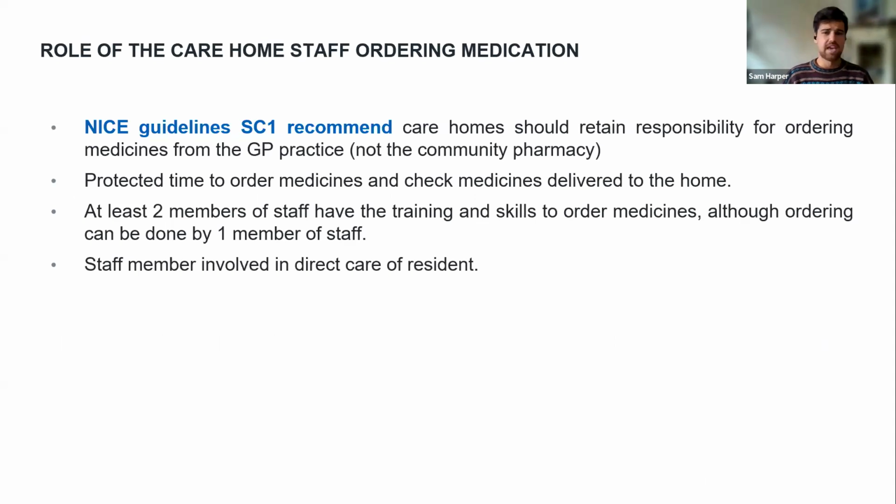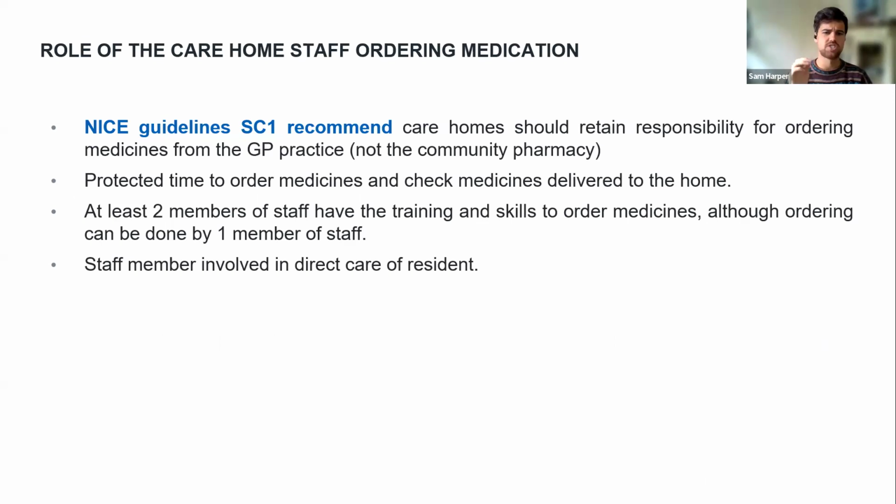So, role of the care home staff. Care homes should retain responsibility for ordering medications from the GP practice. We also recommend that you give protected time to order the medications, so it's getting done, and to check medicines are being delivered to the home.